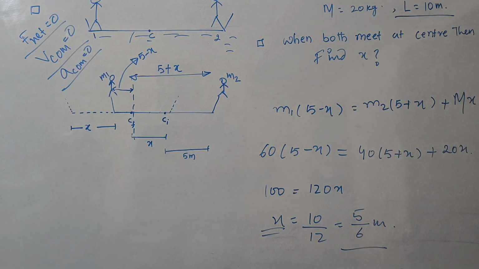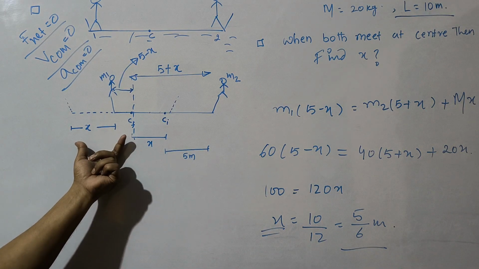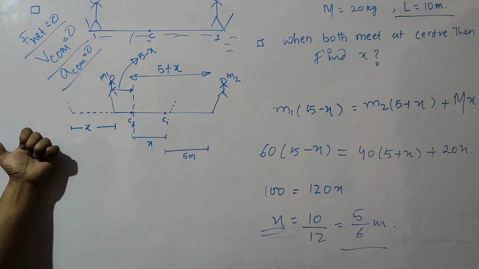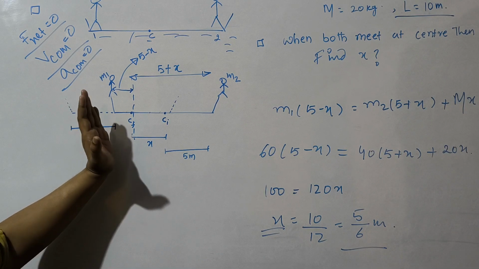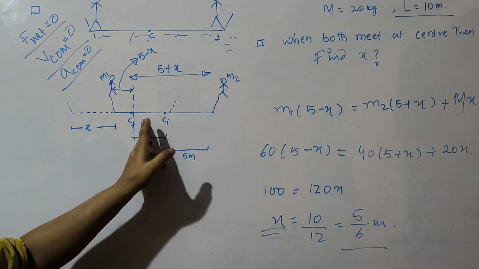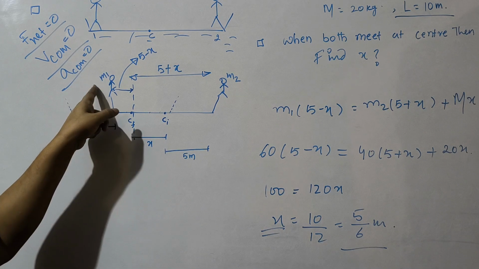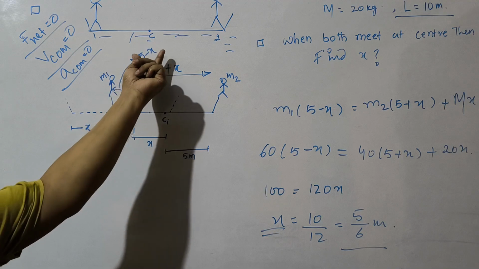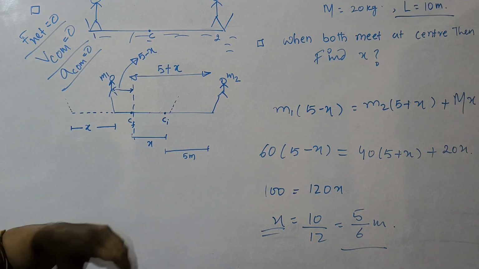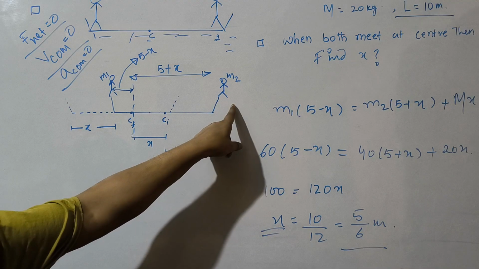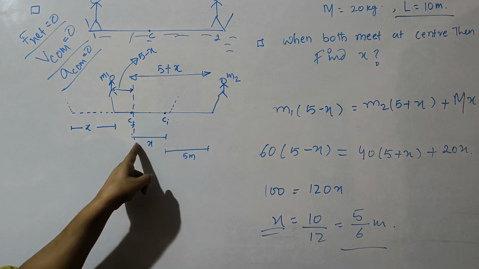Here we have just assumed that the boat is shifted x distance in left direction or backward direction, and M1 has to move up to the center. Now the center has already shifted x distance, so M1 has to move a distance of 5 minus x, and since the center has shifted x distance, M2 has to move 5 plus x.